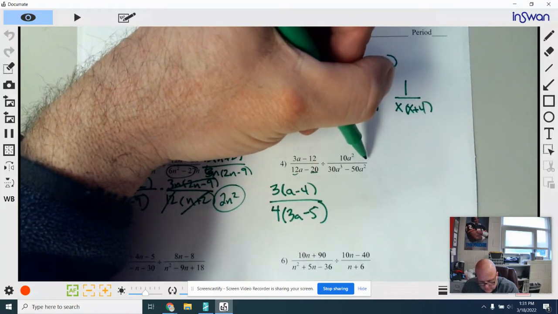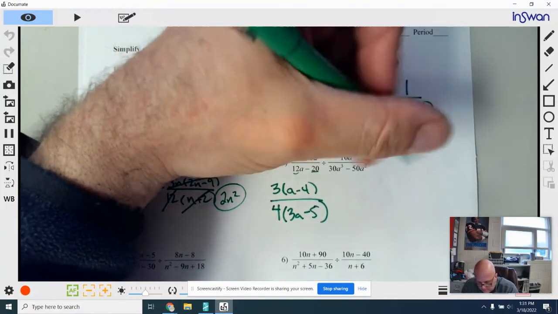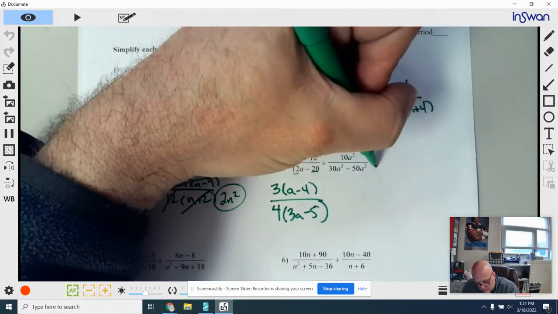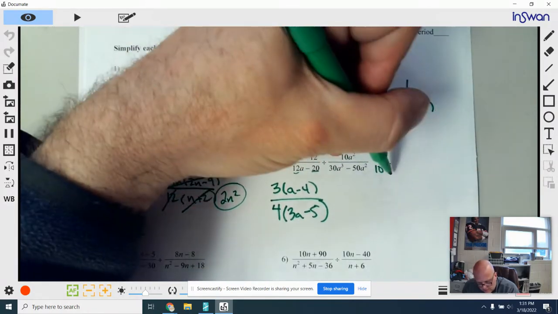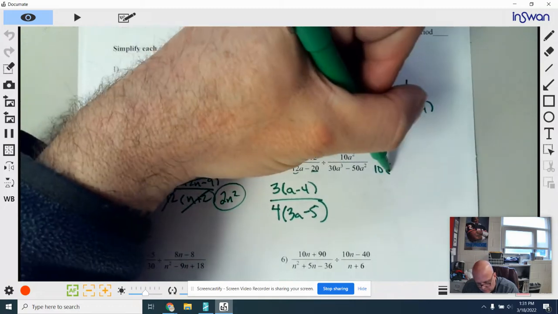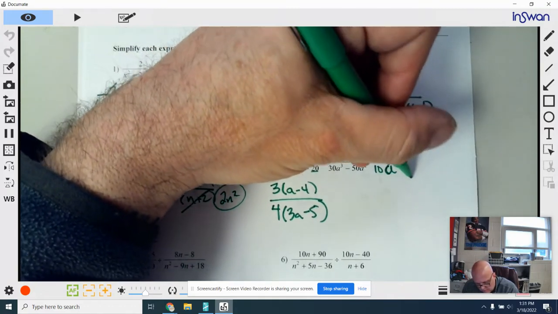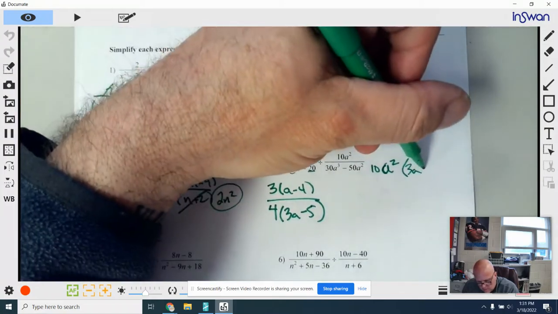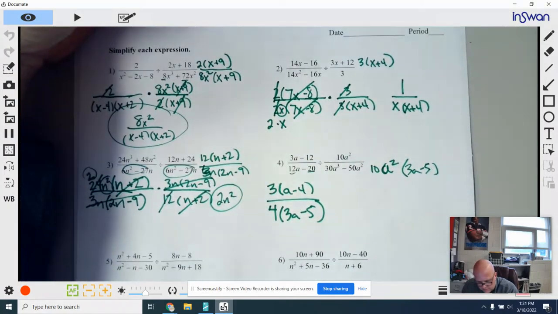Okay, over here, 10a squared, that one does not simplify any further, but the bottom will. My GCF, 30 and 50, will be a 10. And they both have at least 2a, so I should say 10a squared. And then what goes back will be a 3a and then a minus 5.